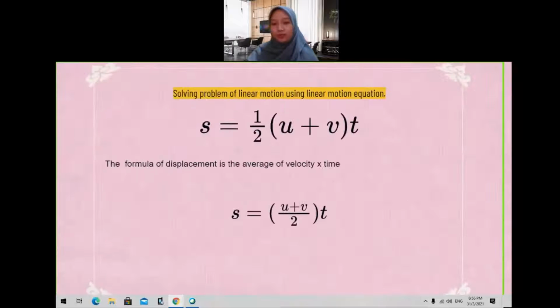The second is S equals half (U plus V) times T. This is the formula of displacement. Displacement is the average velocity times the time. The first form you may not be comfortable with, but the second form you may be comfortable with, because it shows that U plus V is divided by 2.